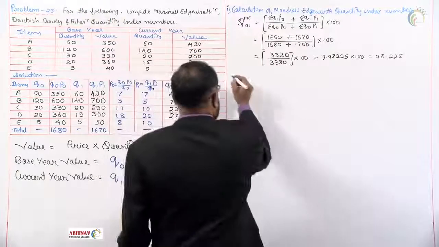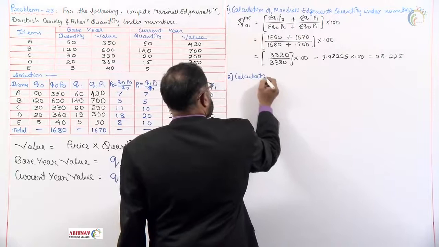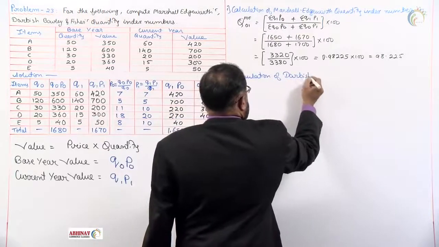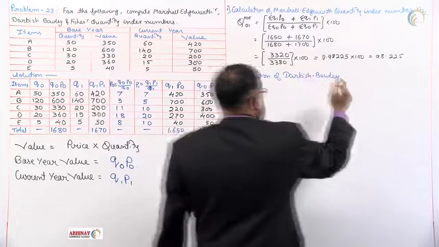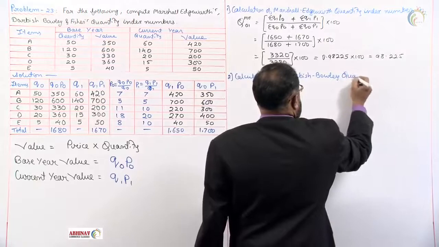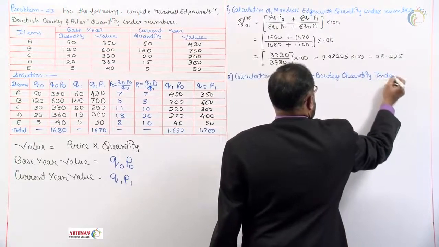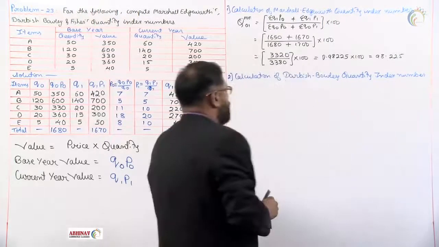Now, the second one, calculation of Dorbish-Bowley. This heading is to be specified in the examination. Whether it is a price or quantity index number, that also has to be mentioned. Here we are solving a quantity index number.